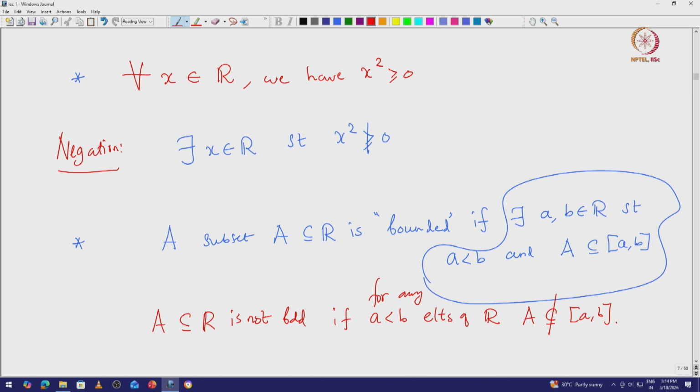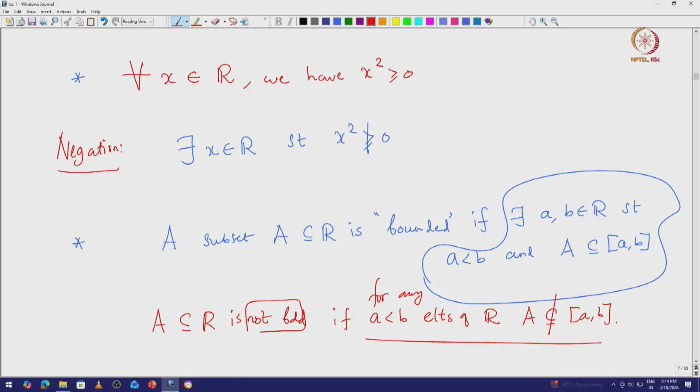So for any real numbers a, b, A is not contained in [a, b], and that would say that A is not bounded, because if there exists a, b such that A is contained in [a, b], then that would imply that A is bounded. So, not bounded should be defined like this. This should be the negation.